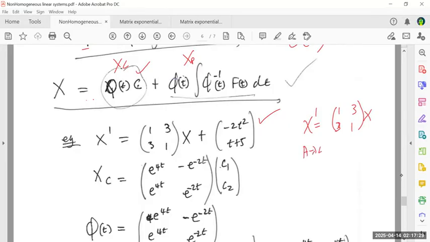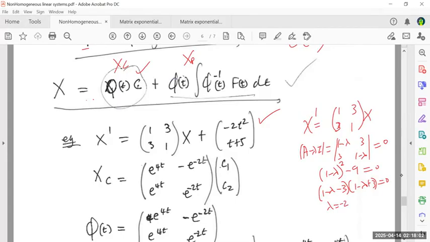A minus lambda I would be 1 minus lambda, 3, 3, 1 minus lambda, equal to 0. So you have 1 minus lambda squared minus 9 equal to 0, and if you are clever, you can see this reduces to lambda equal to minus 2 and lambda equal to 4.